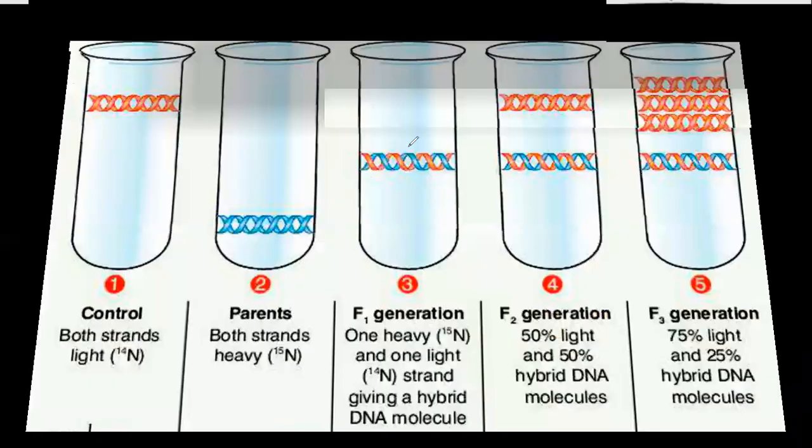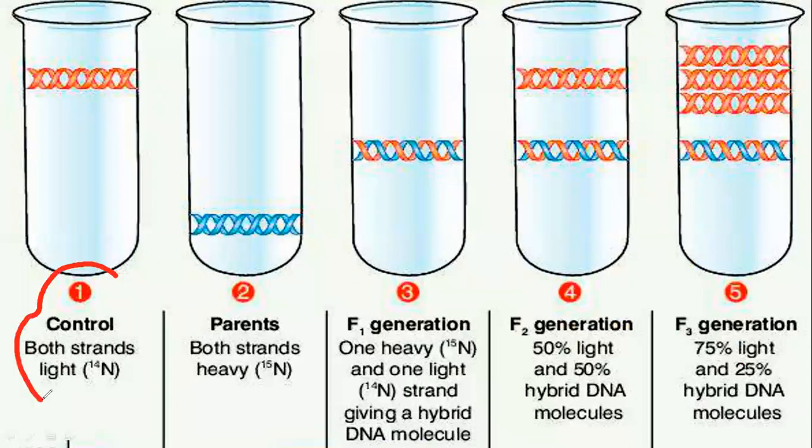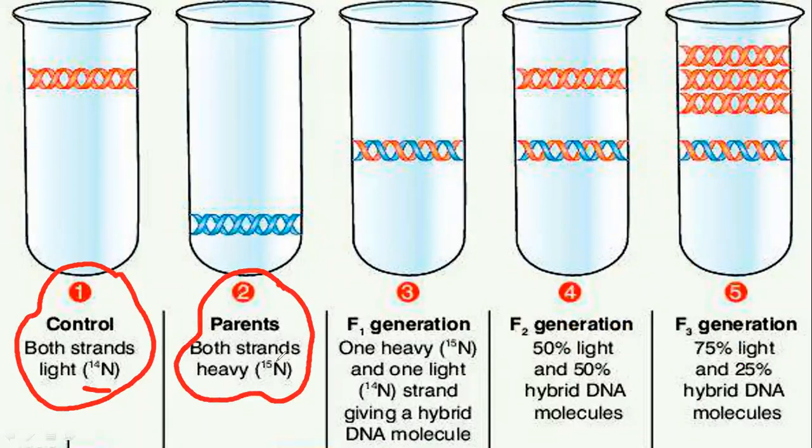So here have a look. We had one test tube that was the control having the lighter isotope, and the parent having strands with the heavier isotope. And the third generation we got was the F1 generation.